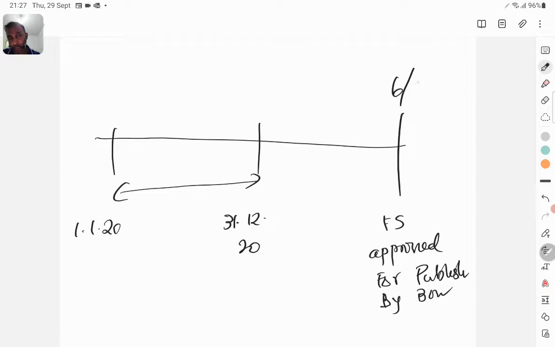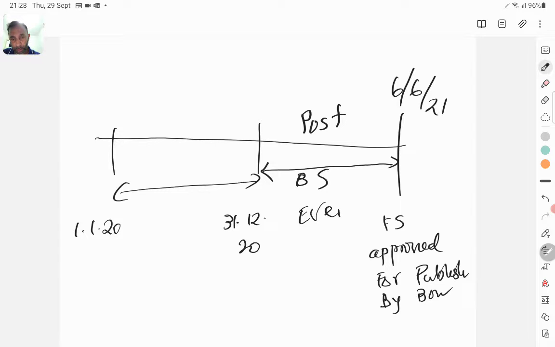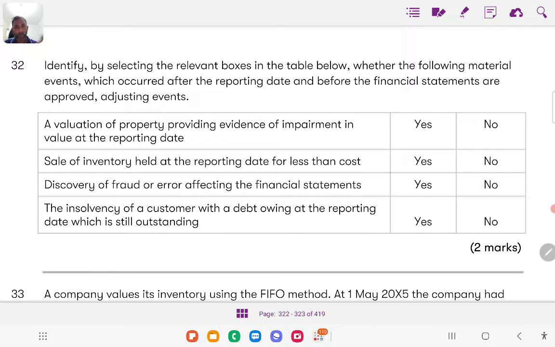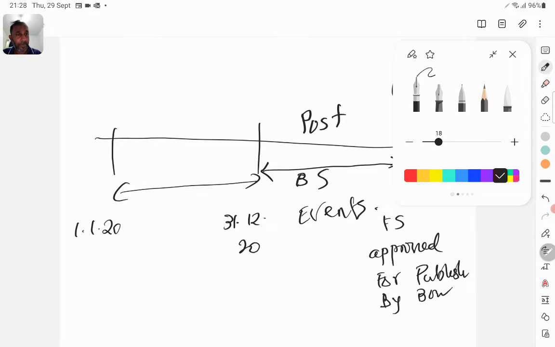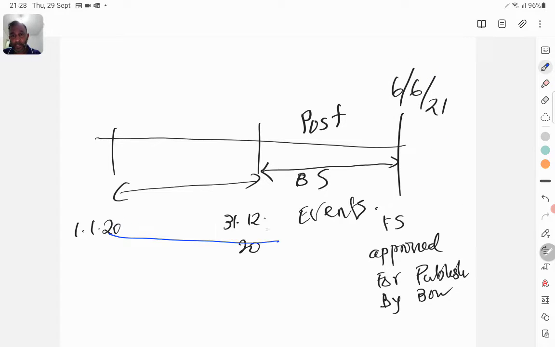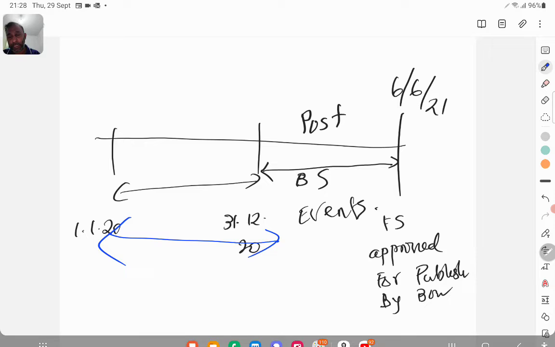Let's say 6 June 21. So I'm talking about events during this period. This is what I mean by post balance sheet events. So based on that, in these examples, we need to find out whether any of them are pertinent to our current accounting period. So when I say current accounting period, that is this period. Yes, please be clear on that.